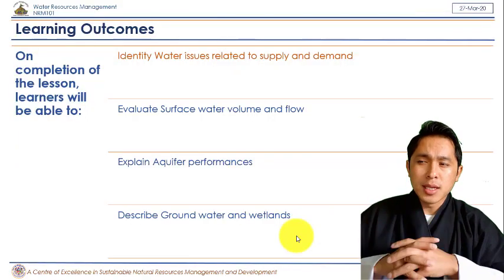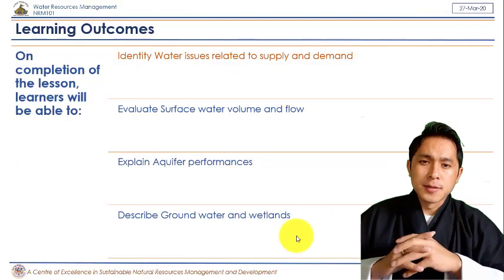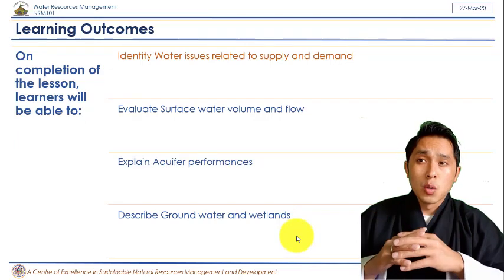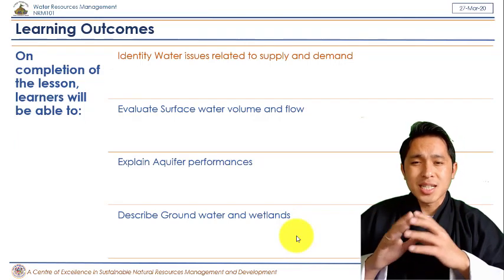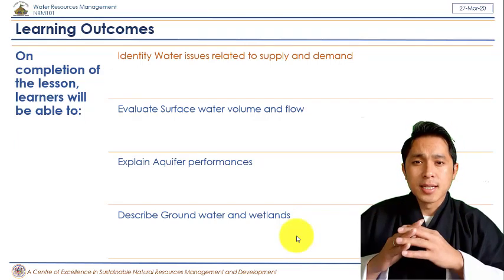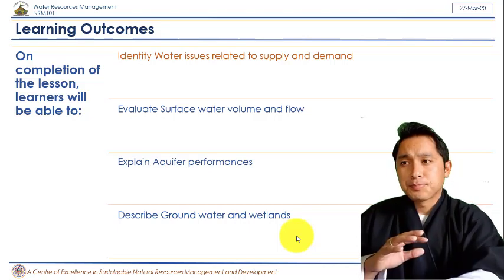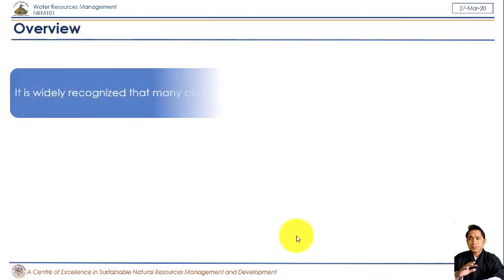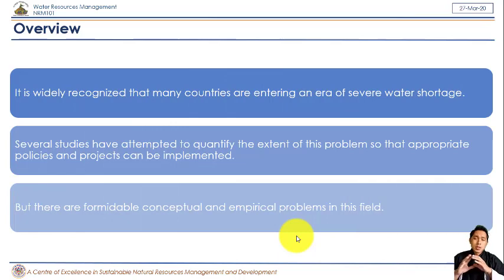So today's lesson will be mainly on the first part of Unit 2, that's on identifying water issues specifically related to supply and demand. Just to give you an overview of the issues that we have around the world, lots of countries are facing the issue of water shortage, and some of the countries are facing a severe issue in terms of water shortage.